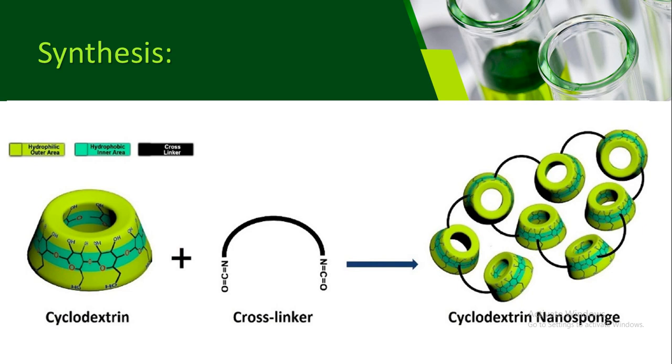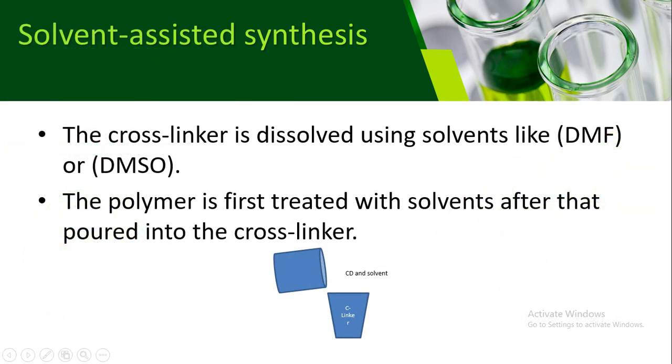Cyclodextrin with the cross-linker gives us cyclodextrin nanosponges as here. This linker can link between this and this and this and this. So this is the method.